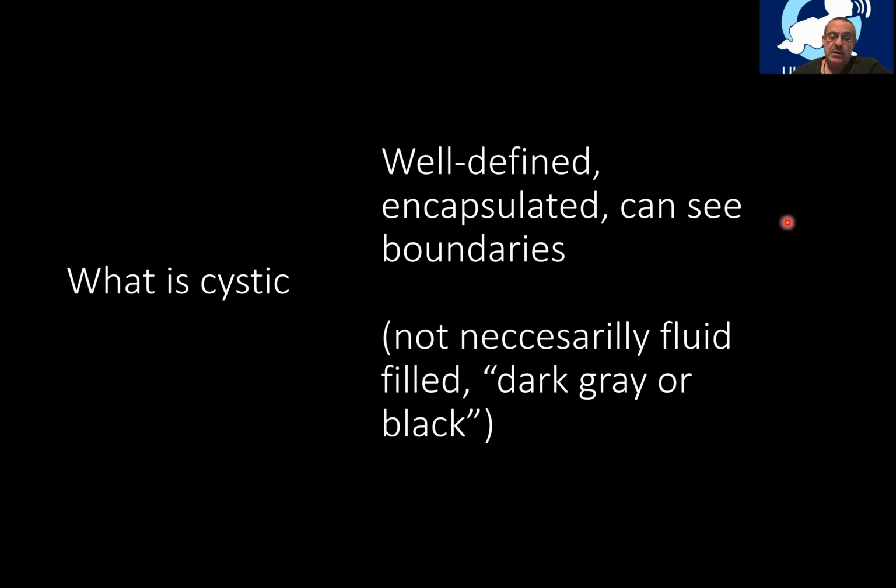What is what we call cystic? A cyst is a well-defined, encapsulated mass. We can see the boundaries of that mass, not necessarily fluid filled, dark gray or black, because a dermoid cyst or benign teratoma is a cyst, but it's not fluid.